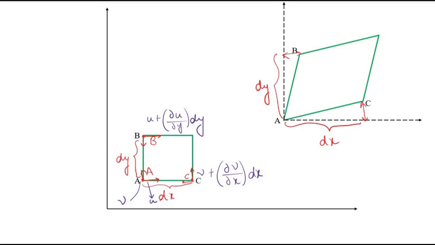So now let us consider a two-dimensional flow in an xy plane. In this xy plane, let us imagine that there is a flow taking place, and in that we take our two-dimensional coordinate system. In this flow we consider an infinitesimal fluid element.